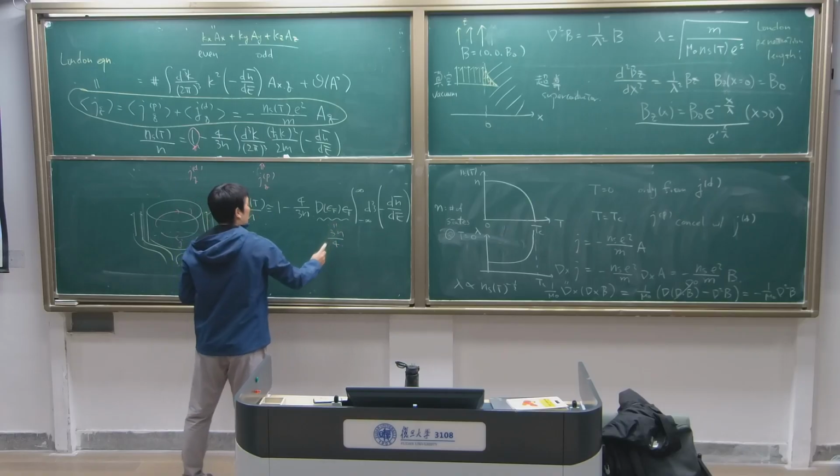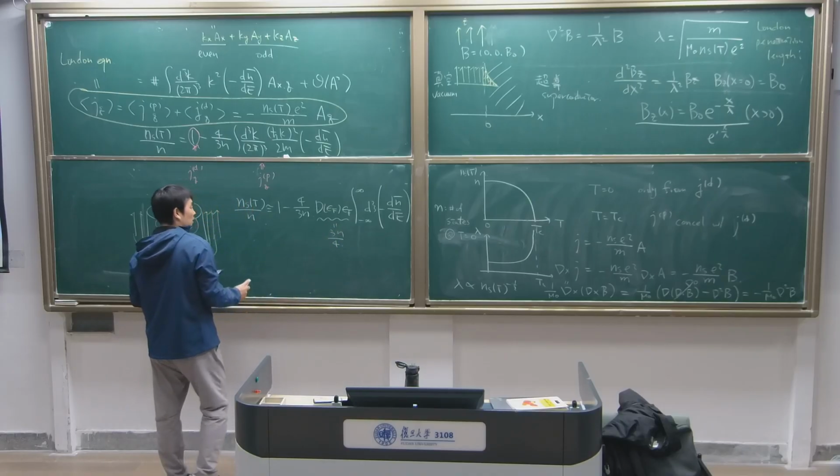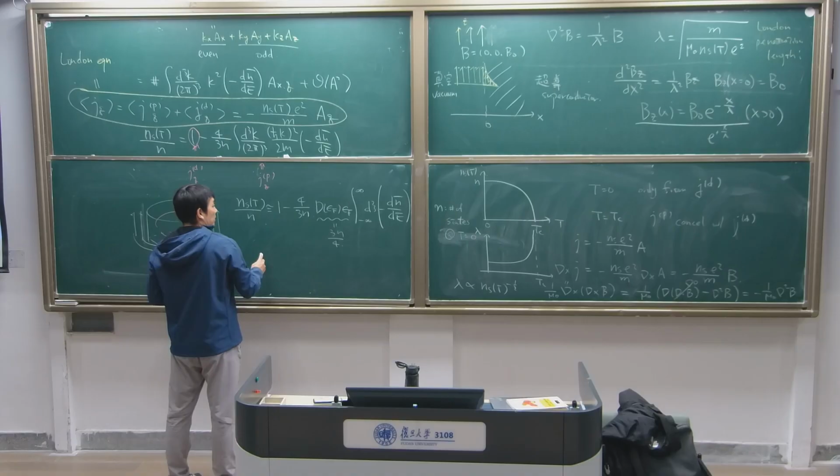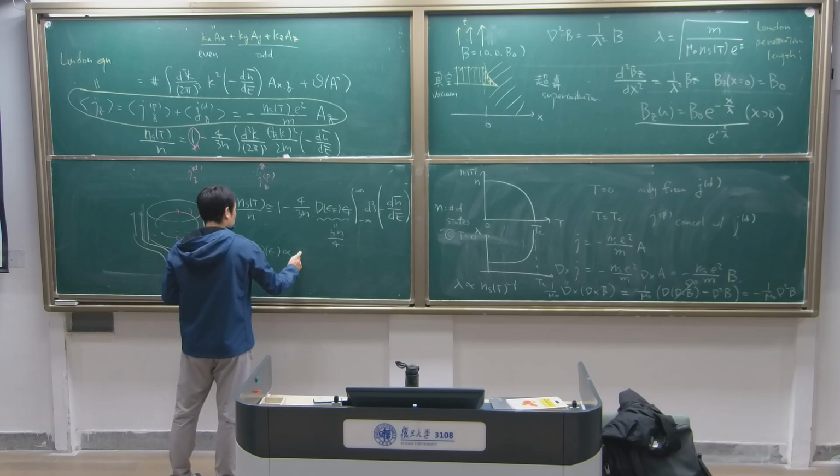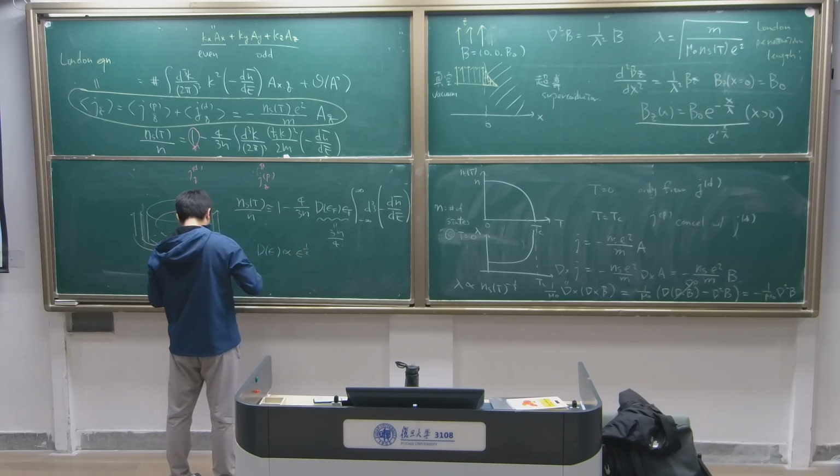This is 3n over 4. That I can show. So D(E) is in fact proportional to E to the one half.